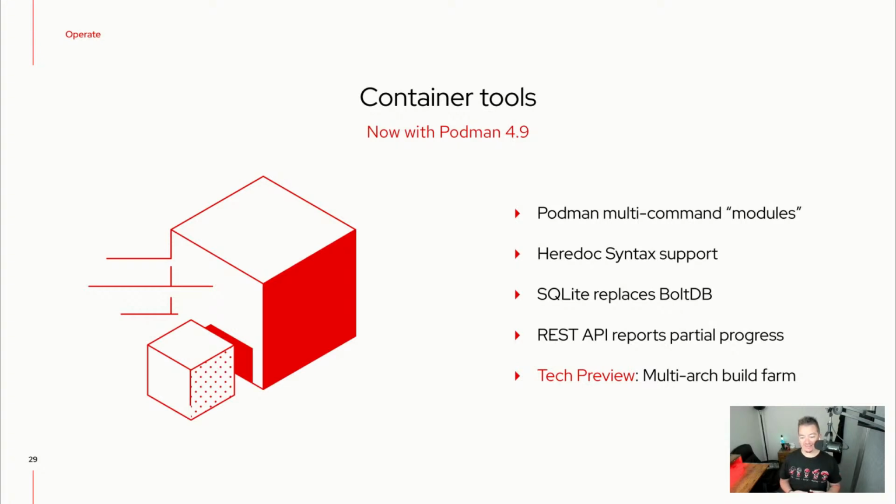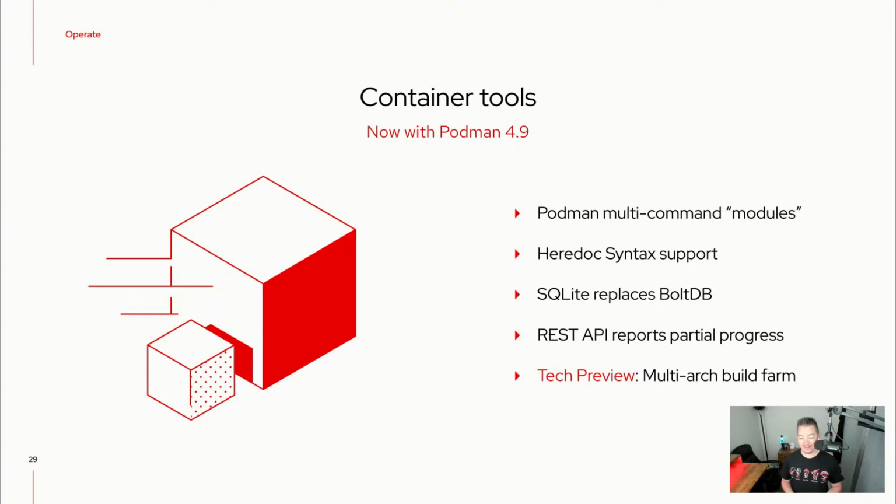It'll be SQLite instead. And in that episode of RHEL Presents that I mentioned, in Tech Preview is a multi-architecture build farm. So basically, you can build an image and deploy it for x86_64, and then change a tag and deploy it for ARM. So you can build once and then deploy images out to your container registry from multiple architectures.